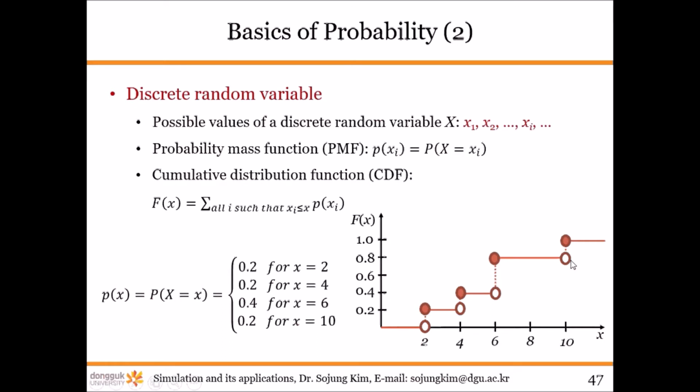And then the last one is when x equals 10, and definitely the value will be 1, right? So as you can see, this also meets the definition of probability, right?